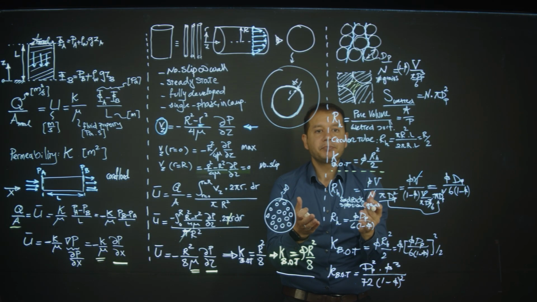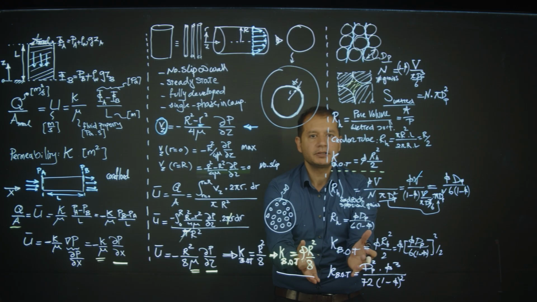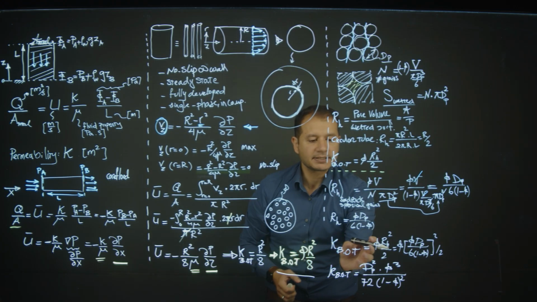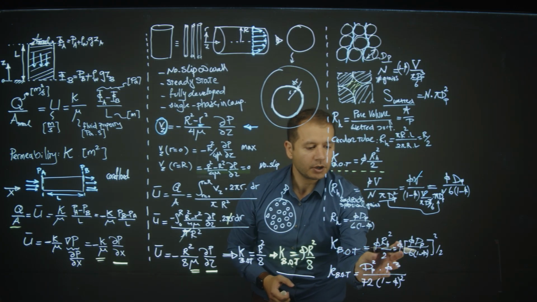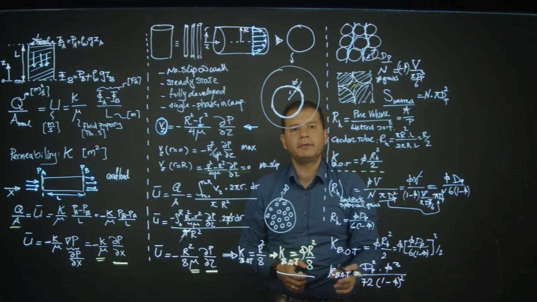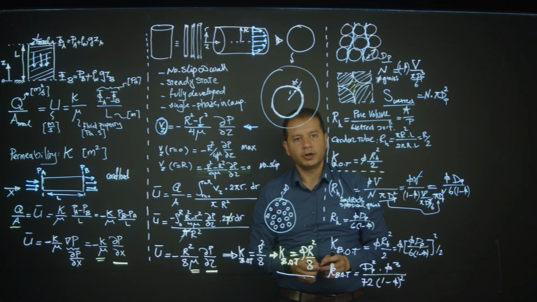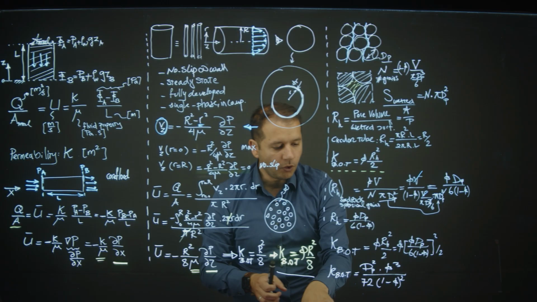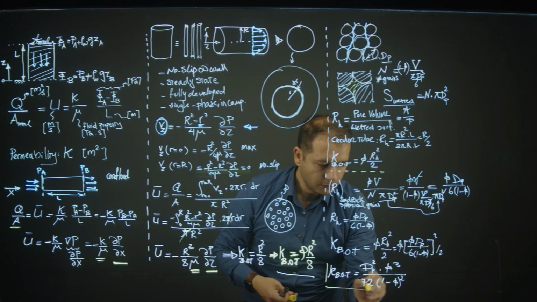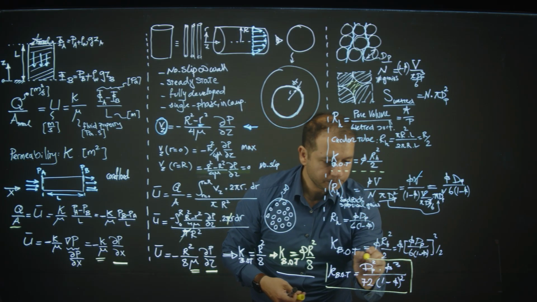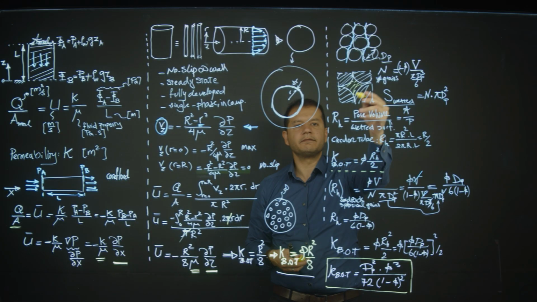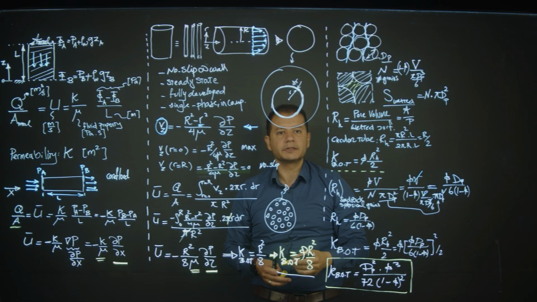This is the permeability estimation from bundle of tube theory: grain size diameter squared, porosity cubed over 72, (1 minus porosity) squared. This is found only by mathematics and physics. No experiments, nothing.